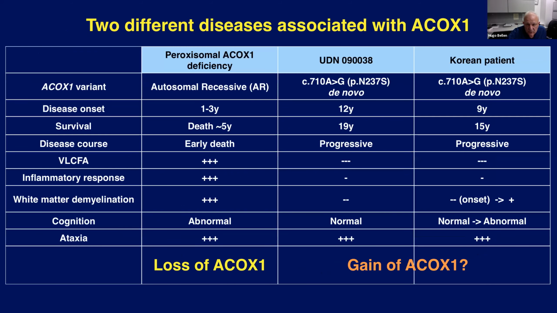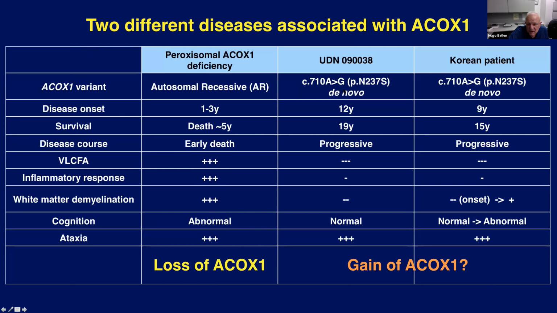So the UDN submitted a patient with a de novo mutation, and this is different than mutations in patients that were published before, because this is an autosomal recessive disease. The loss of ACOX-1 causes an accumulation of the very long chain fatty acids and is associated with a severe inflammatory response, a white matter demyelination, an ataxia, and as I mentioned, early death.